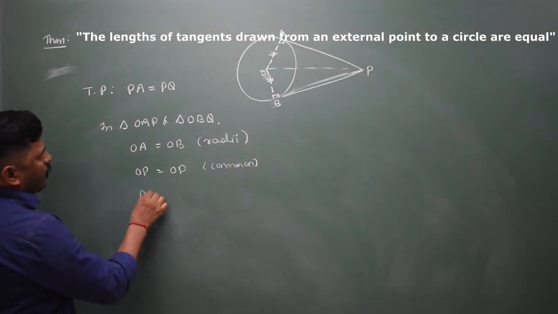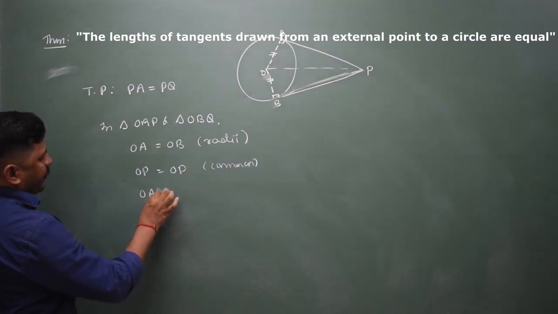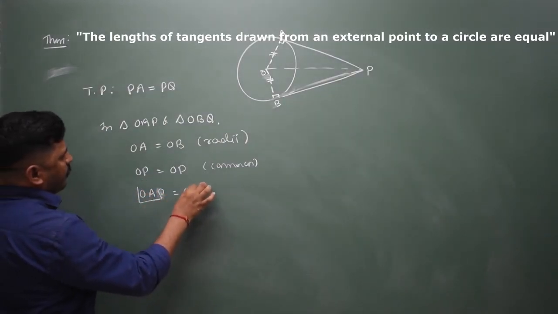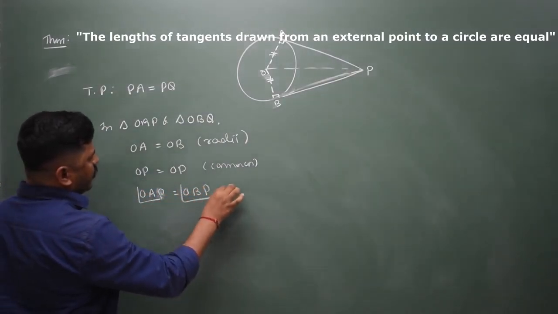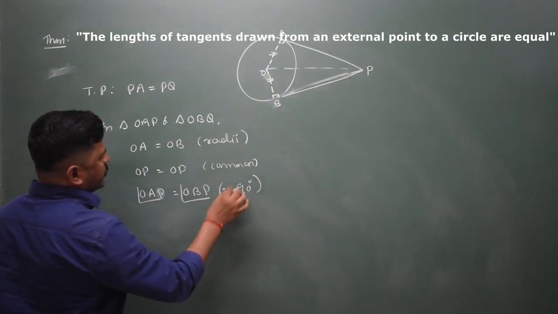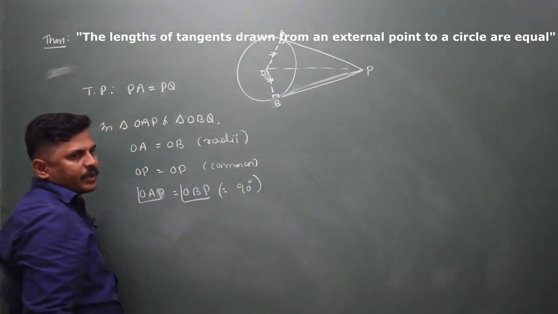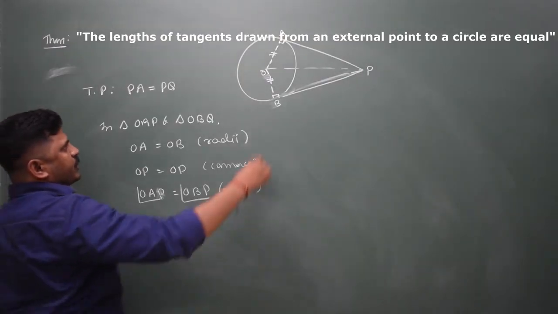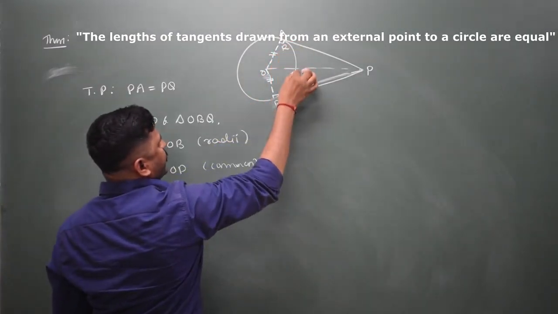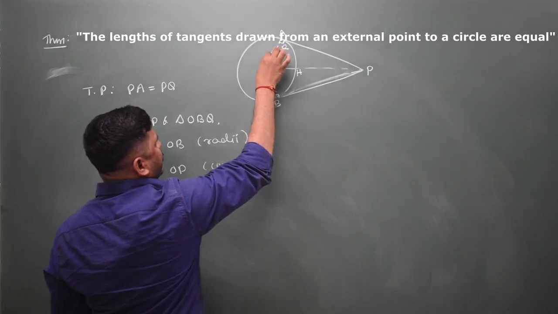Then angle OAP equals angle OBP, which is equal to 90 degrees. Yes, a radius is perpendicular to the tangent. So this is a right angle triangle, and this is the hypotenuse, and this is the other side.